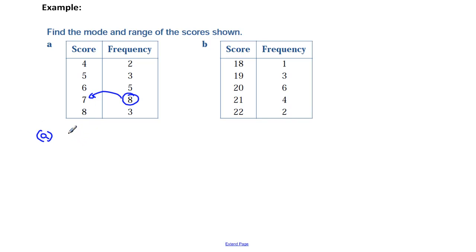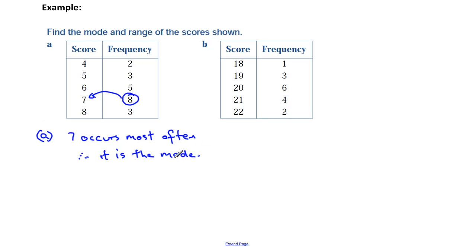So we can say 7 occurs most often, and you look at that by looking in the frequency column. Therefore, this is the mode.